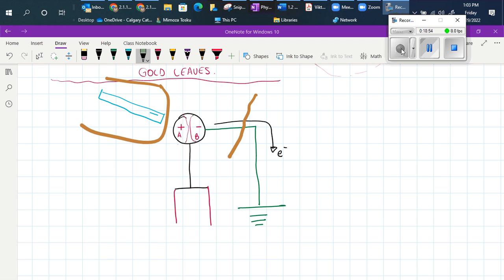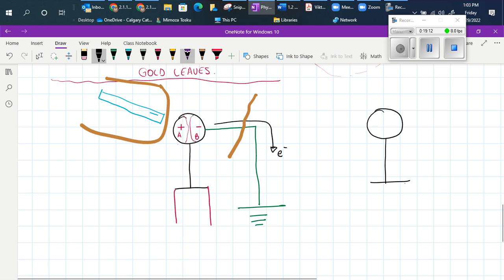So by leaving the electroscope positively charged, the charges are now rearranged. And how are they rearranged? They are rearranged so that most of the charges, positive charges in this case, are within the leaves.